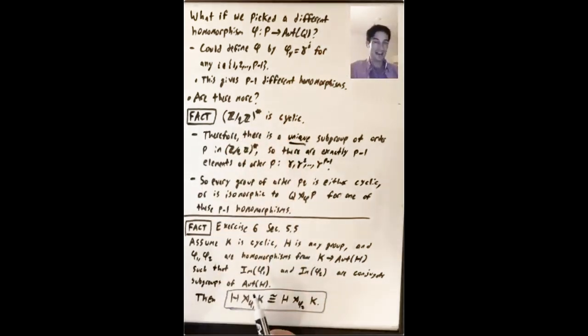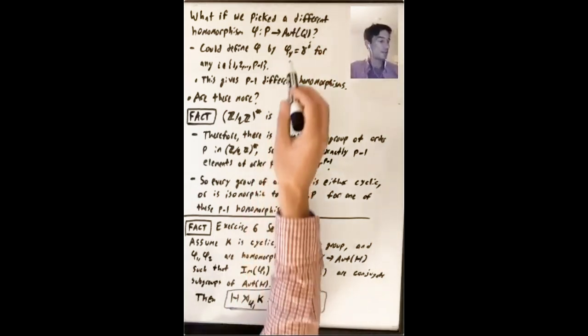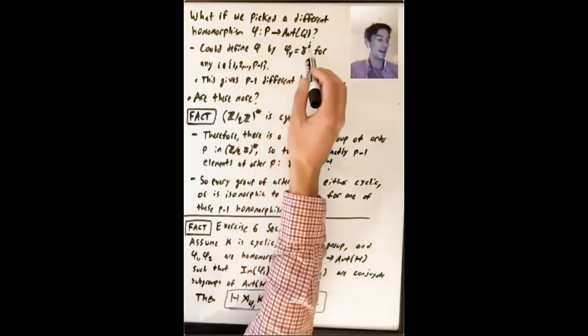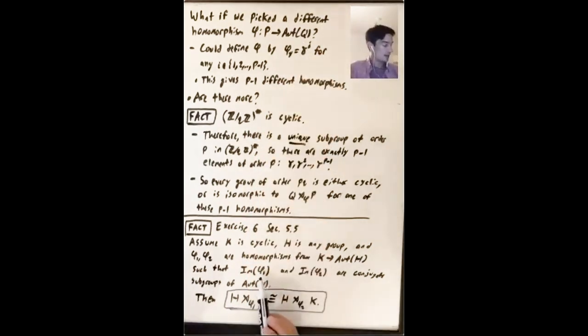If we pick phi1 and phi2 to be two of these homomorphisms where we send y to an element of order p, then these images are going to be subgroups of the automorphism group of Z/qZ of order p.